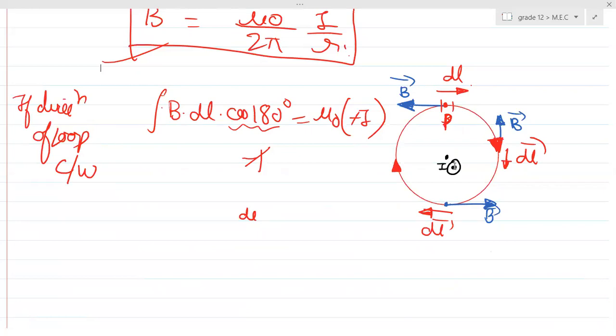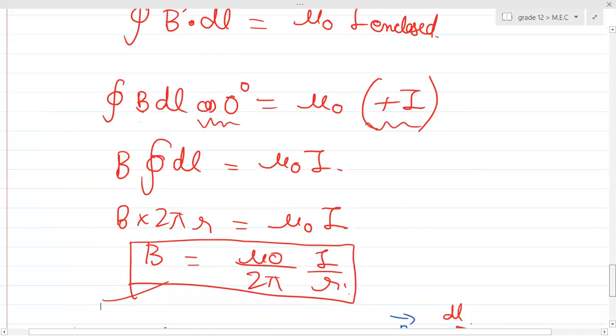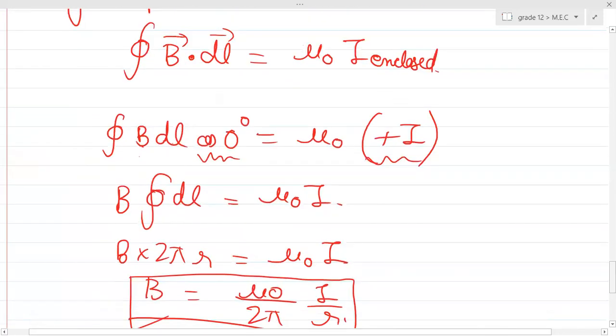Always try to choose the direction of thumb in such a way that the direction of dl and the direction of magnetic field become the same, so cos 0 comes. Is this clear? Please remember, this is very important from the school point of view. So do it.